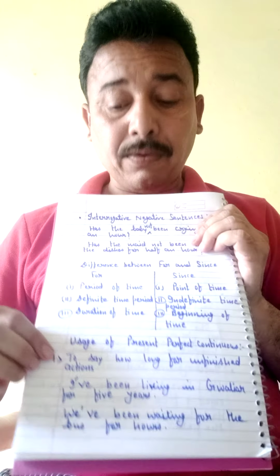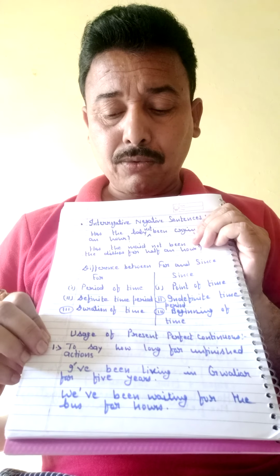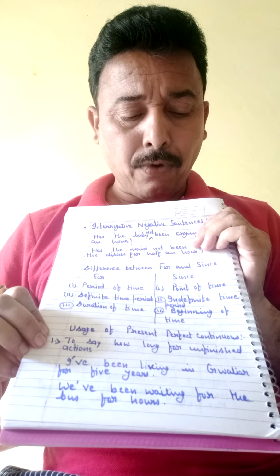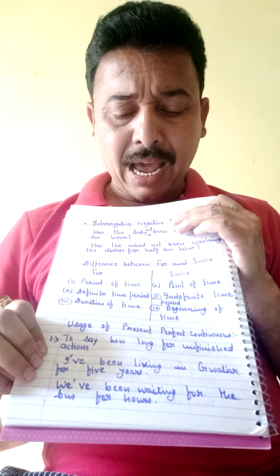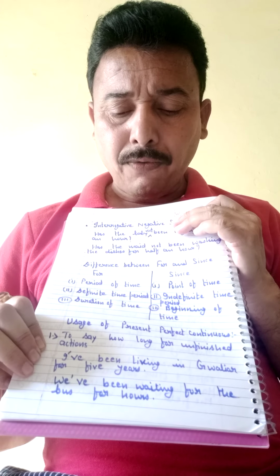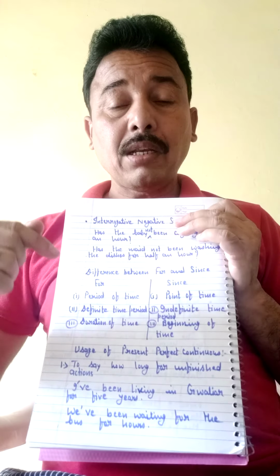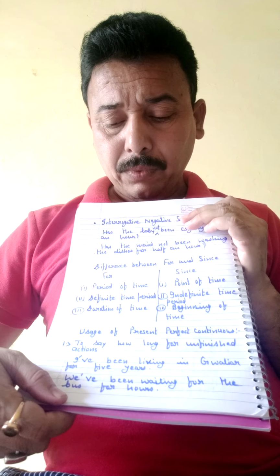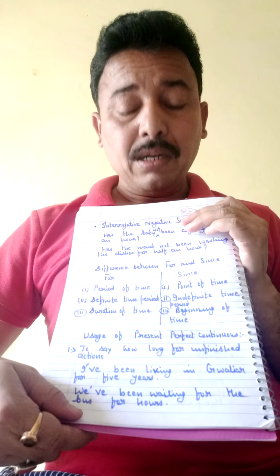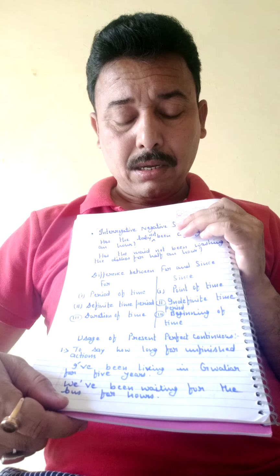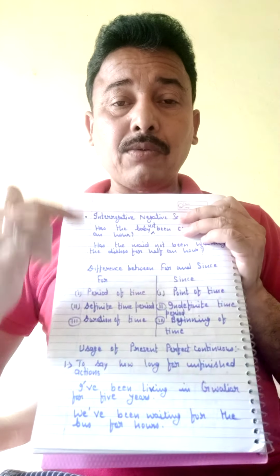Now its uses. First, usage of the present perfect continuous is to say how long for an unfinished action. Example, I have been living in Gwalior for 5 years. Unfinished means I am still living there. We have been waiting for the bus for hours. That means so many hours waiting, and the waiting is still going on.